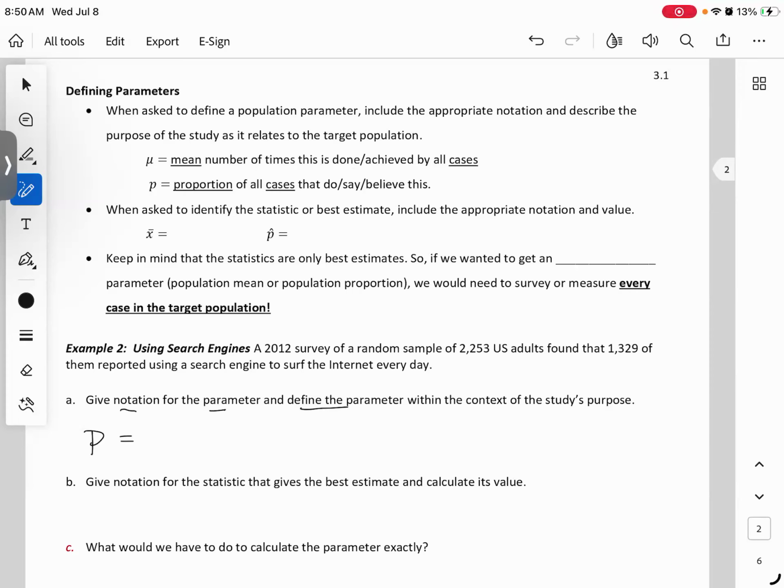They used the sample people to hopefully give them a best guess about all people at this time period who were on the internet every day. And so when they say define the parameter, that's where you're going to use something like this, right? Just describe what the study was about. So it was to try to get the proportion.